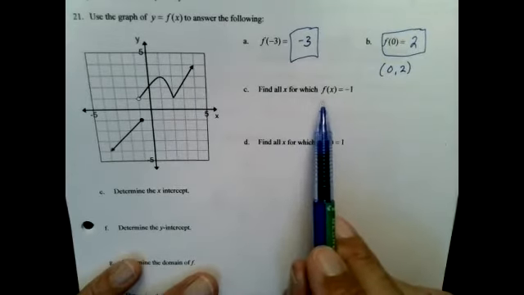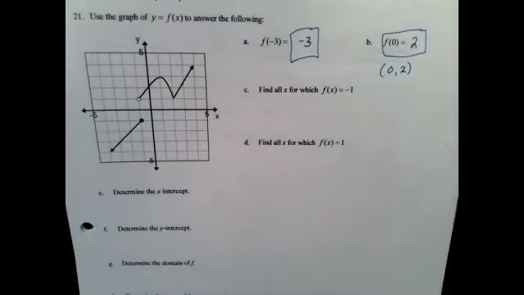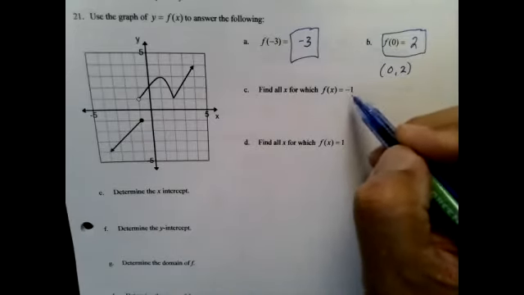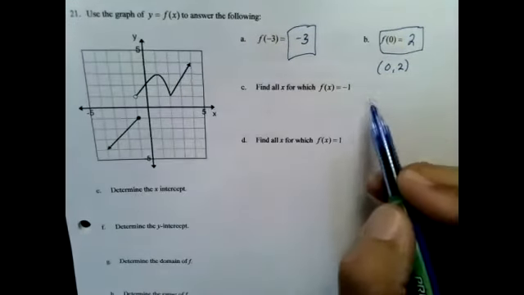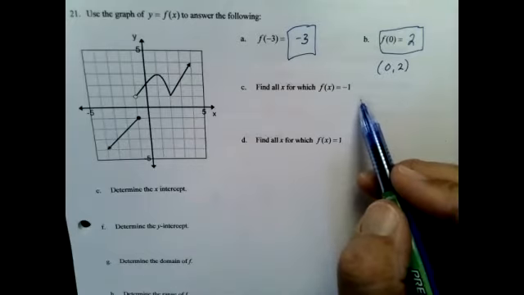Find all values for X for which f of X equals -1. This time I have the Y value, instead of the X value, which is inside the function. Where's my Y of -1 for what X value?